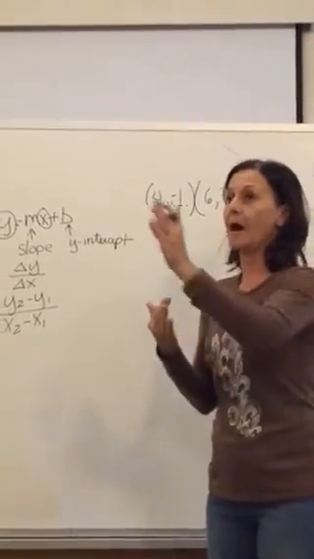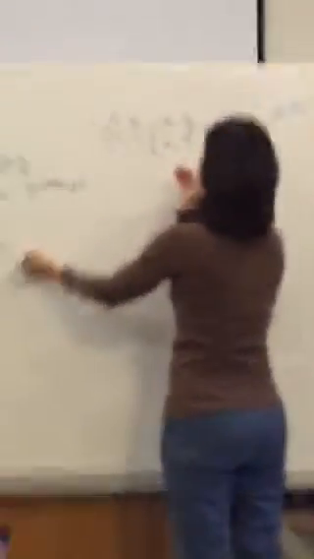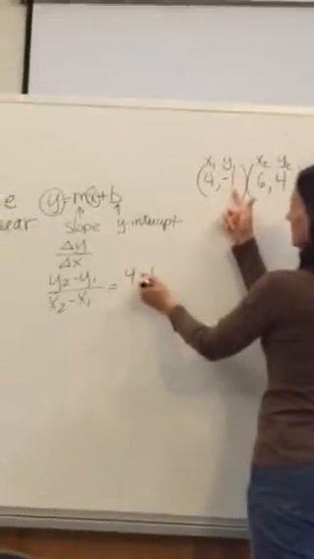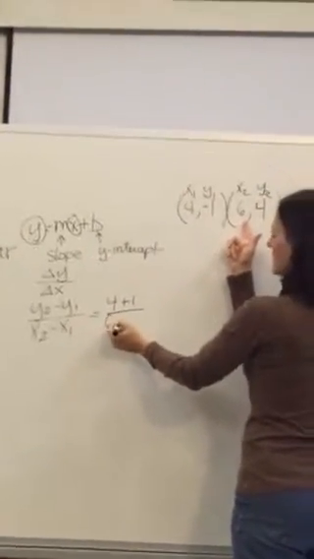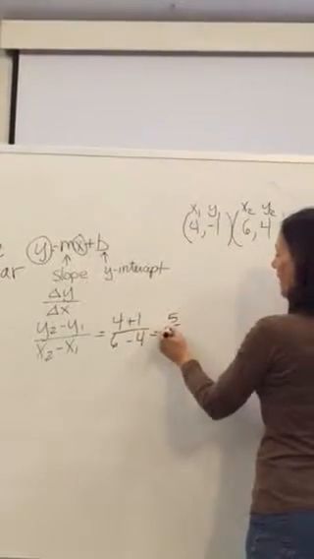Look again. Positive. Okay. So let's start with the slope. xy, xy, 1, 2. And let's plug it in our slope equation. It's 4 minus a -1, which is +1, over 6 minus 4. So we have 5/2.